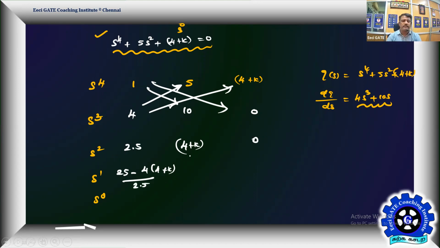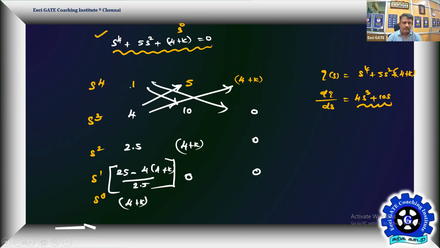Then next will be 2.5 into 0 minus 4 into 0 divided by this. So it is going to become 0. So this is also going to become 0. And call this a x, and x into 4 plus k minus this, divided by x, will be 4 plus k. That's all. So you got the first column.